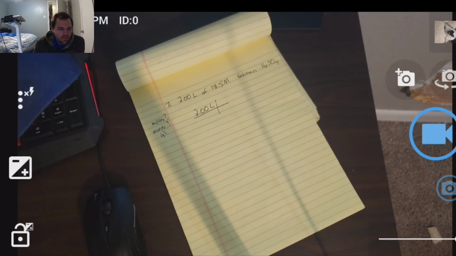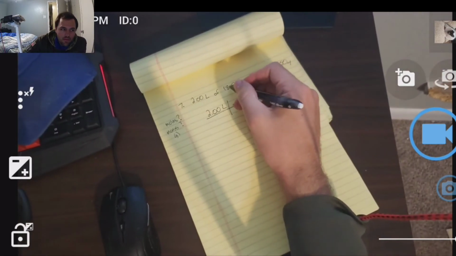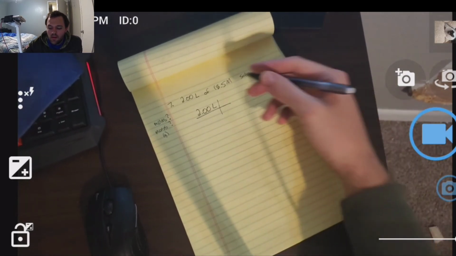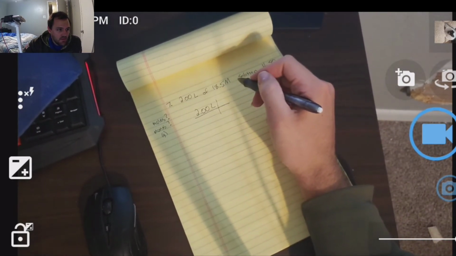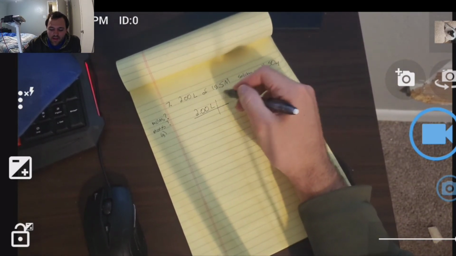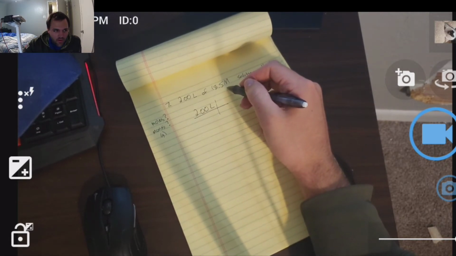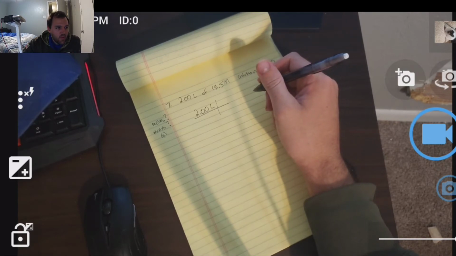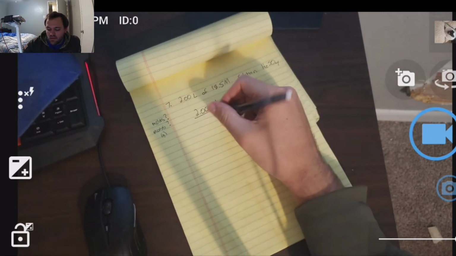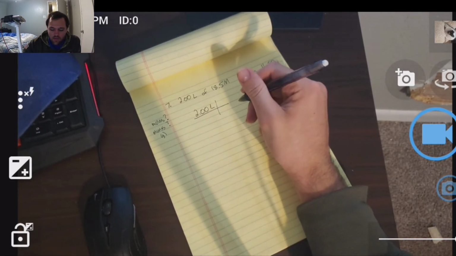Once we know the volume that we've been given, we can use this concentration as a conversion to get to moles, right? That's why this is a useful unit. If we know it's 18.5 molar, that means there are 18.5 moles in 1 liter. So we can set that up as a fraction here in our dimensional analysis.